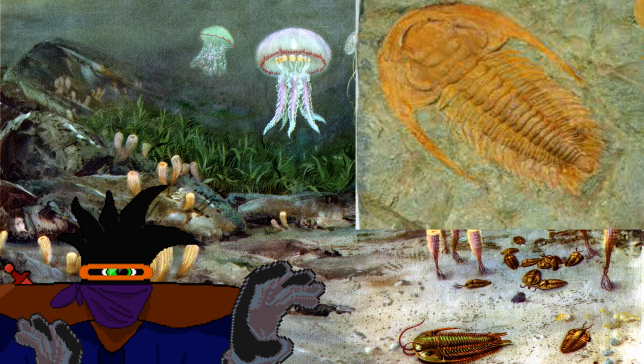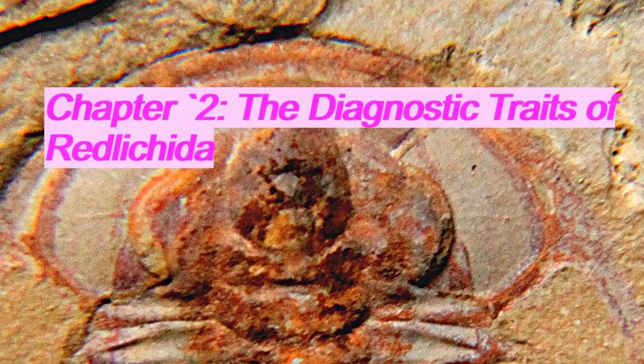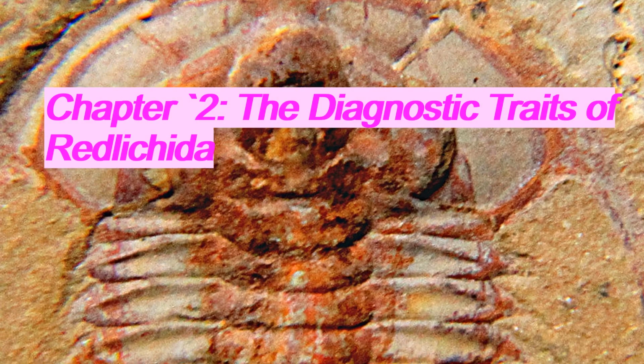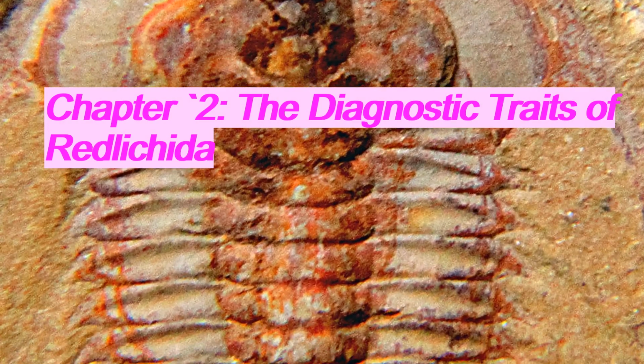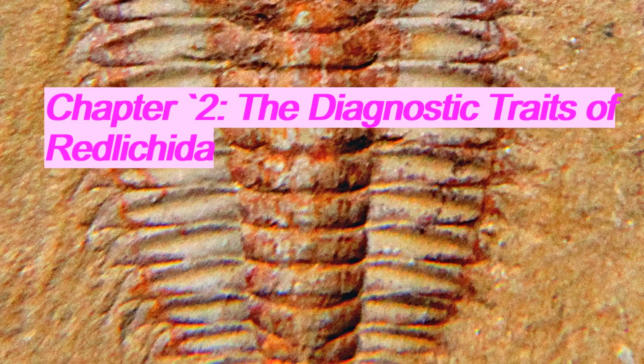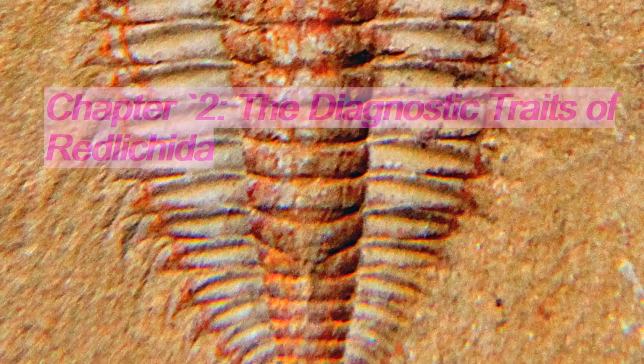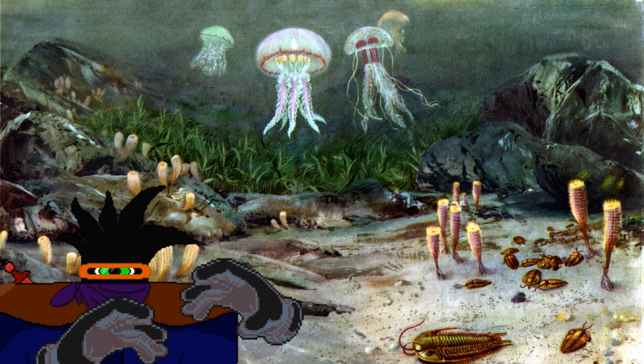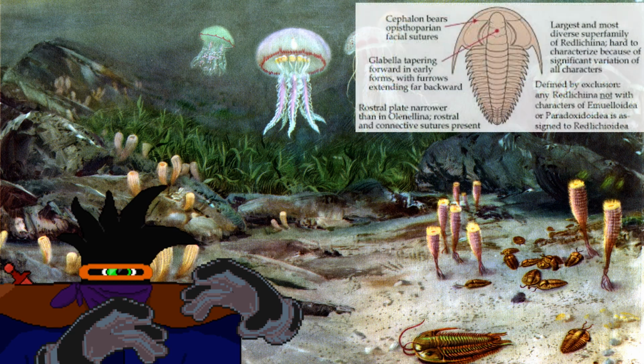Speaking of that, now let us discuss the traits that are diagnostic to this group, aka what scientists use to distinguish it from the other orders. The Redlichiids are primitive in many regards.